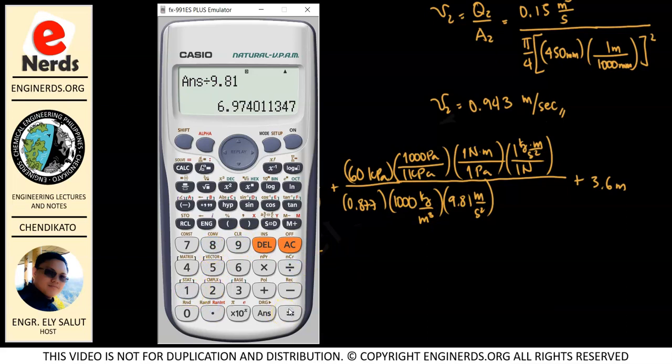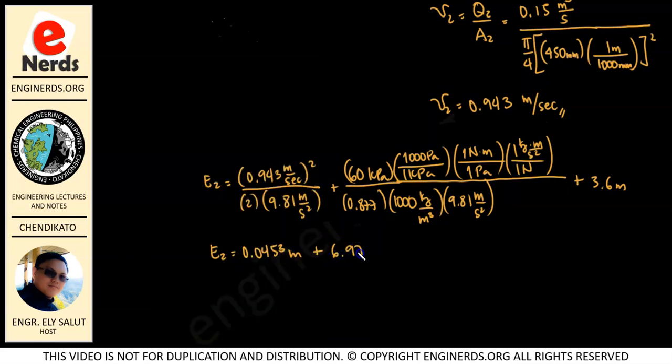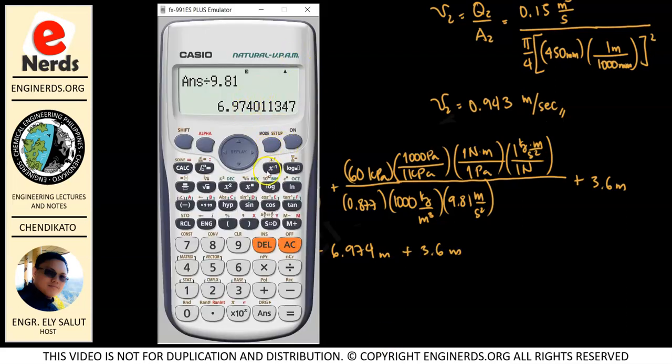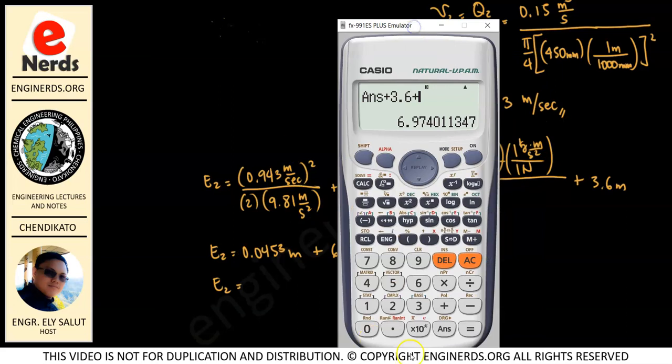Okay, so we have 6.974 meters, then plus 3.6 meters. So therefore our E2 is equal to 6.974 plus 3.6 plus itong value dito, 0.0453. So therefore our E2 is equal to 10.62 meters.